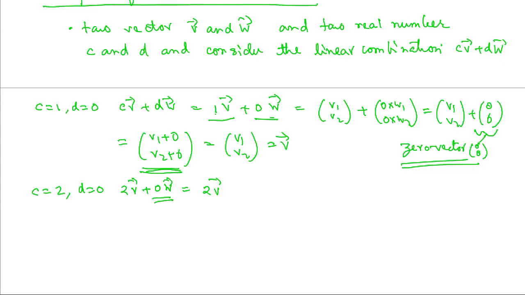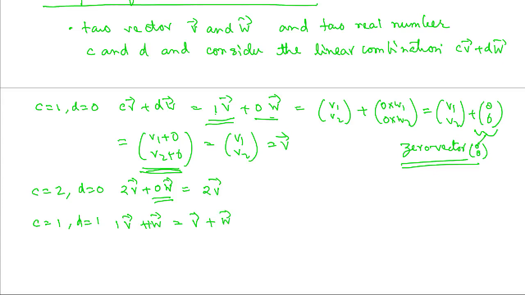Now let's look at C equals 1, D equals 1. In that case, you get the ordinary V plus W, because, like before, we can avoid writing that 1. It means it's already 1.